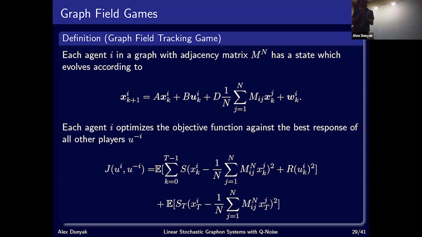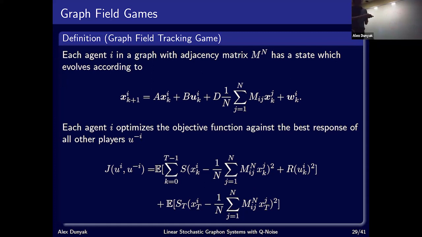And each agent is going to optimize the objective function of this quadratic term for each i, where you're trying to match your neighborhood against the best responses of all other players.